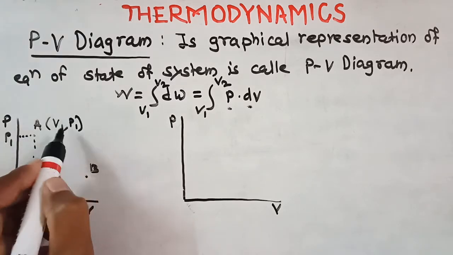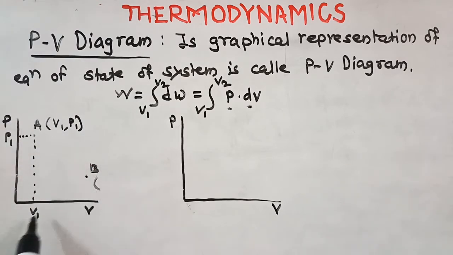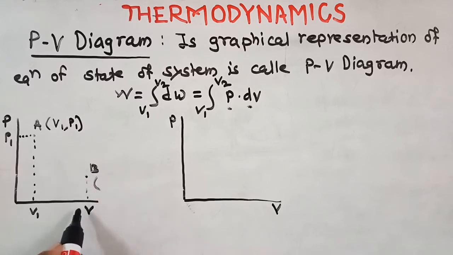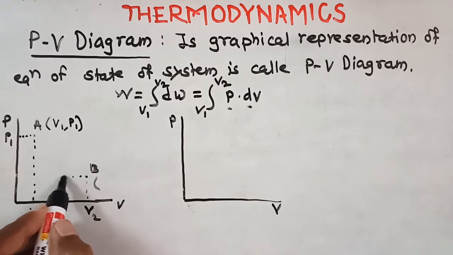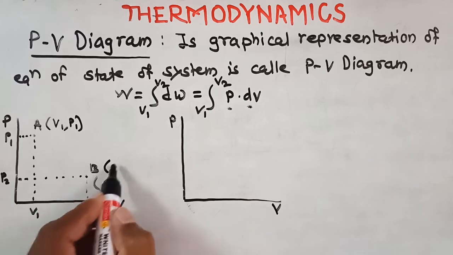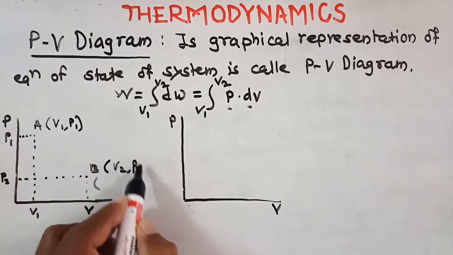So the coordinates are volume V1 and pressure P1, and the system changes from A to B, and now in this case the volume is V2 and the pressure is P2.